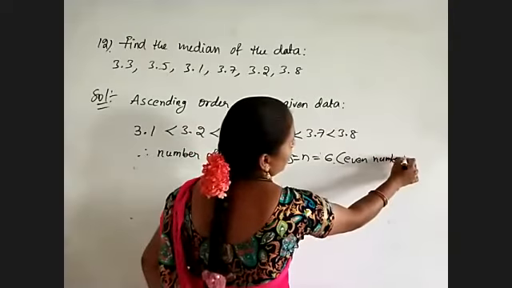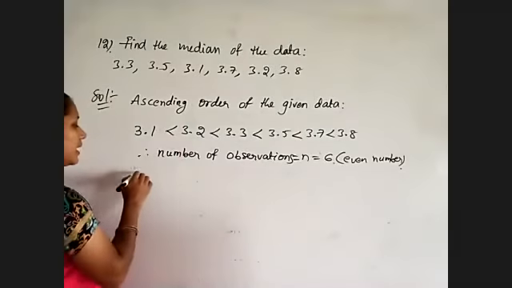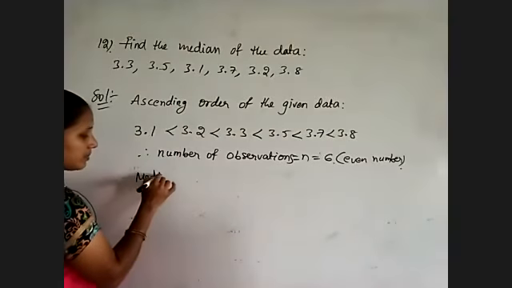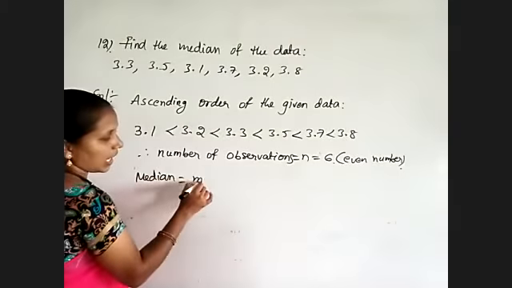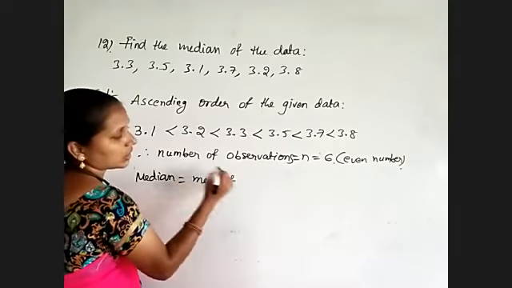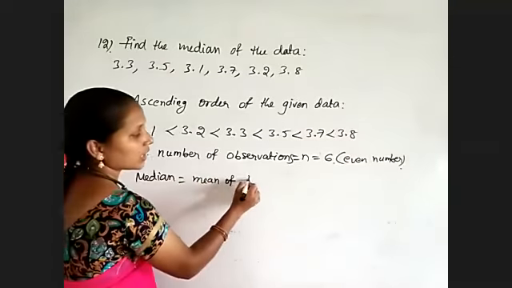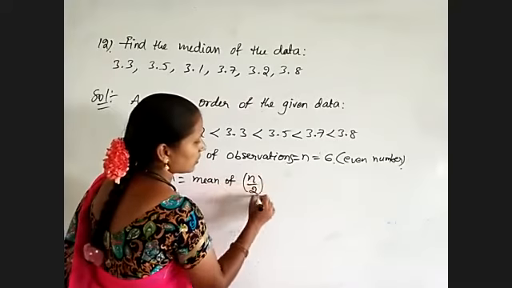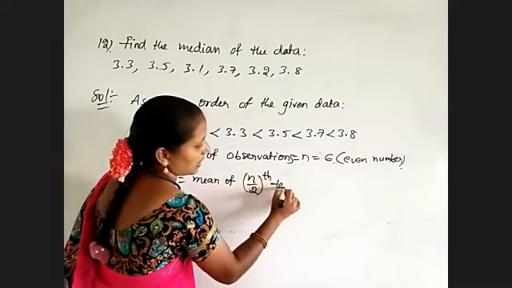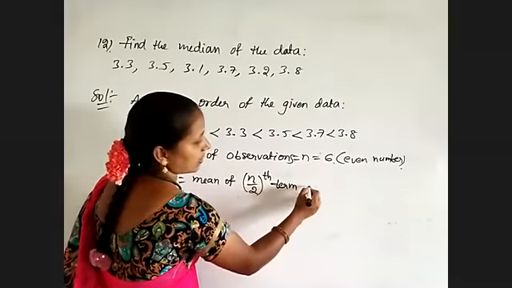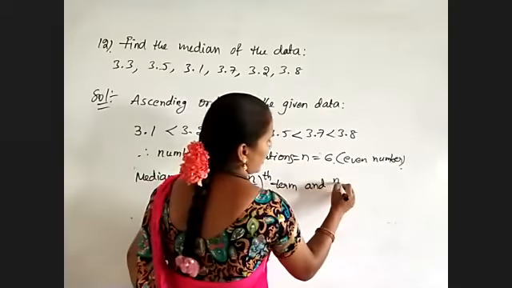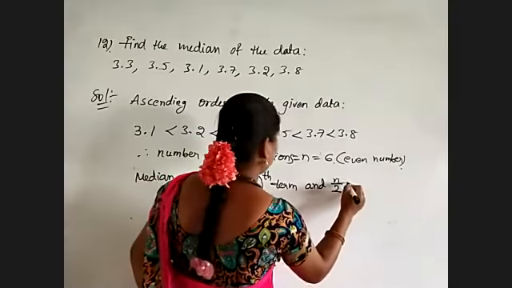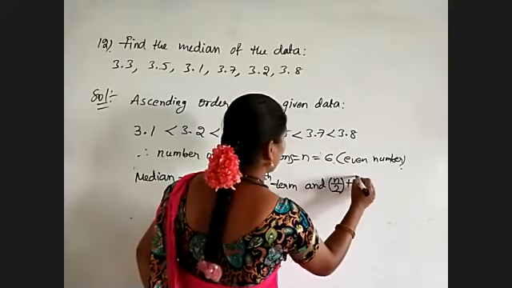So whenever it is an even number, then the median will become the mean of the n by 2 term as well as the n by 2 plus 1th term.